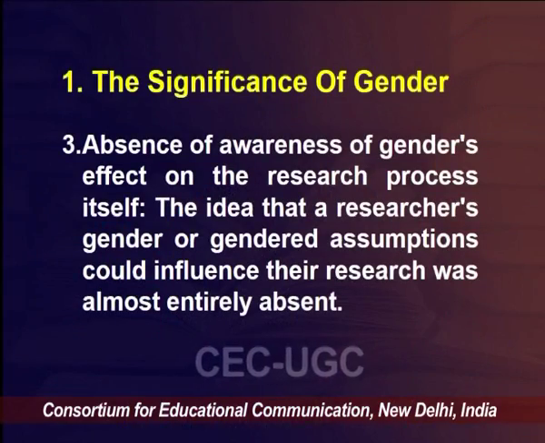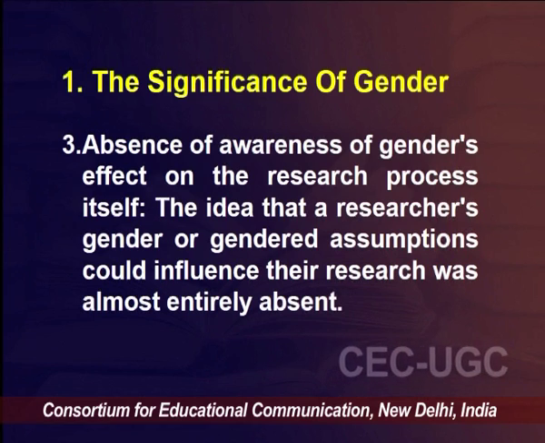The second reason for a feminist methodology, in terms of understanding the significance of gender, is the underplayed significance of gender as an extraneous variable. Gender's influence on various topics was not adequately considered. Third, the absence of awareness of gender's effect on the research process itself.